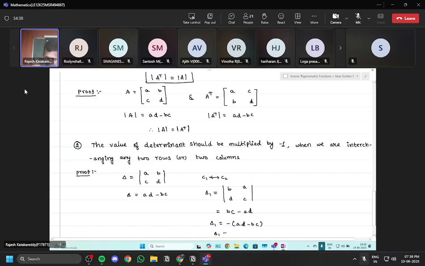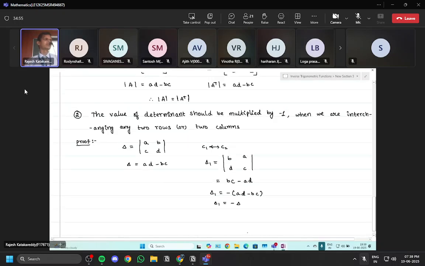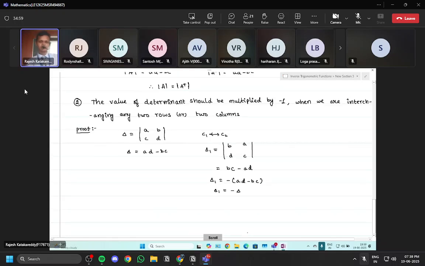As I mentioned, once we are interchanging any two rows or any two columns, the value of determinant should be multiplied by minus 1. That's what happened here. Any doubt in this? Anybody? No doubt? Copy this one, please.